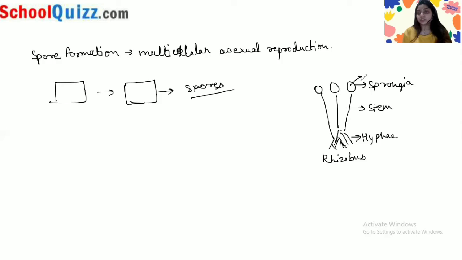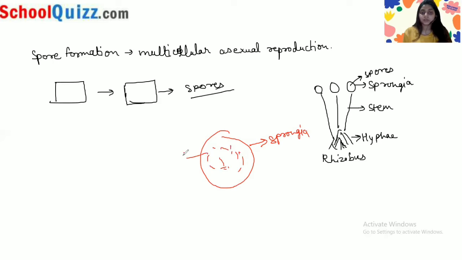In this sporangium there are spores. Let's take this sporangium, and under this there are spores. Above the spores there is a layer which protects the spores from being destroyed.